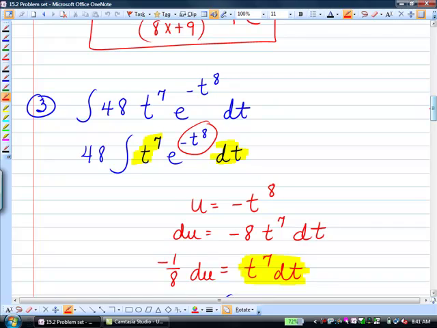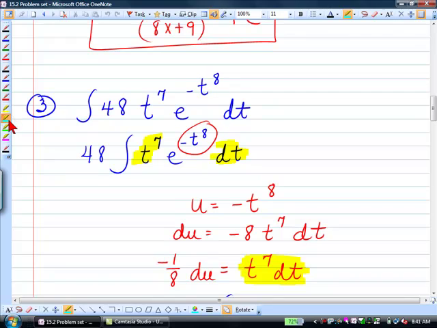Well, it works out nicely. Here's t to the 7th dt. But what do you notice? We don't have a negative 8 up there.